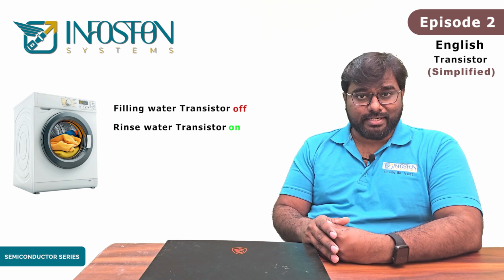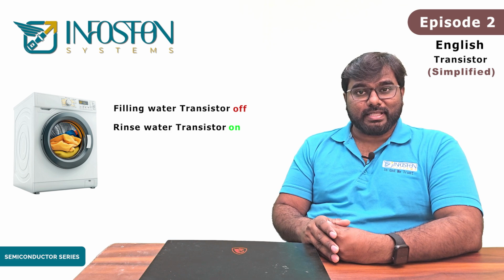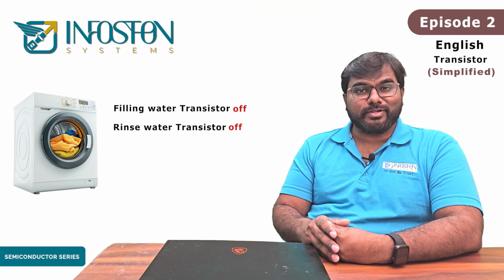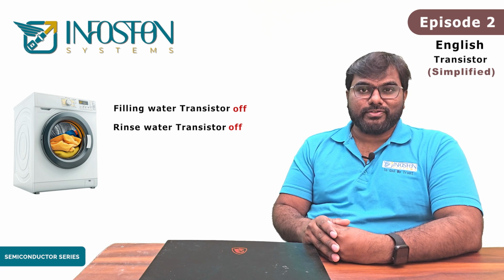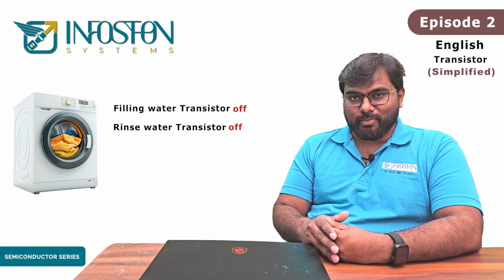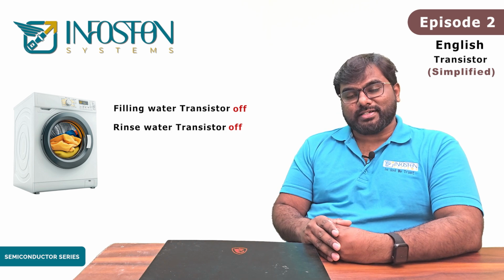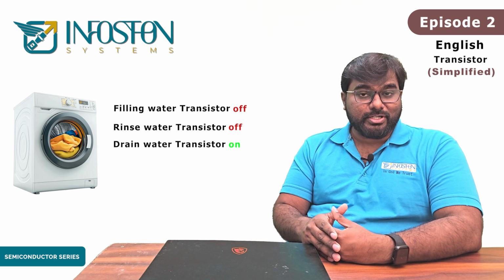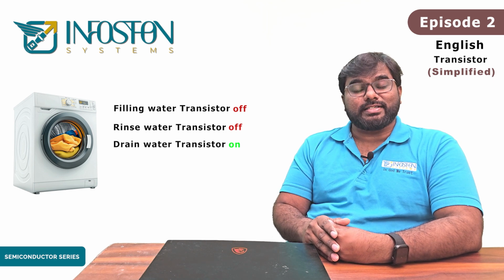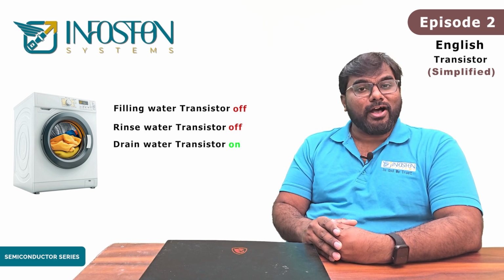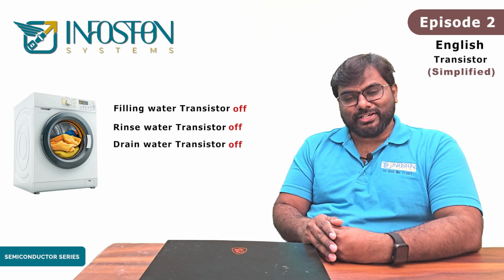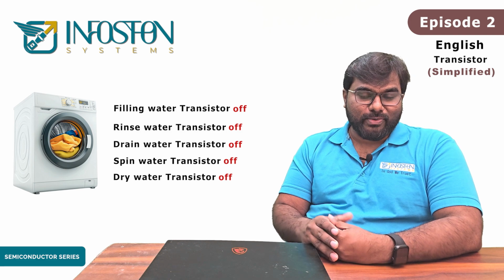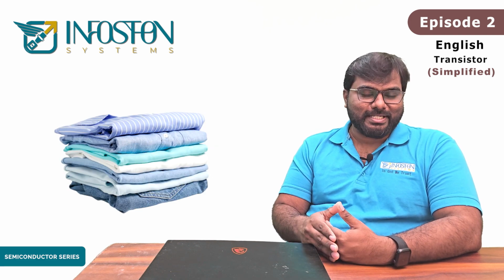Once the rinse is completed, the program will send the signal 0 to the transistor, then the transistor will be switched off, then the motor will be switched off. As soon as the rinse motor transistor is switched off, the drain transistor will be switched on because it will receive the signal 1. So same like that, all the functionalities will be completed by the respective transistors. So this is the way the group of transistors will accomplish the task.